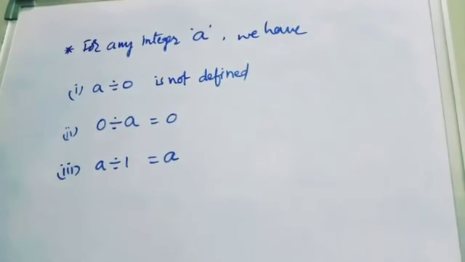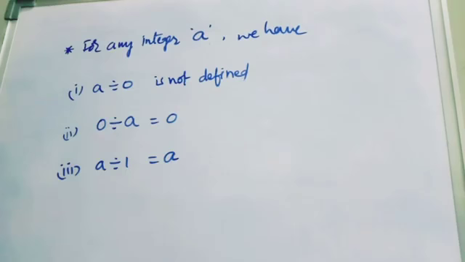Here we can see some more properties of integers. If a is any integer, the first rule is that dividing any integer by 0 is not defined. Whenever you do division by 0, that answer does not exist. The second one is 0 divided by a, which is always 0.